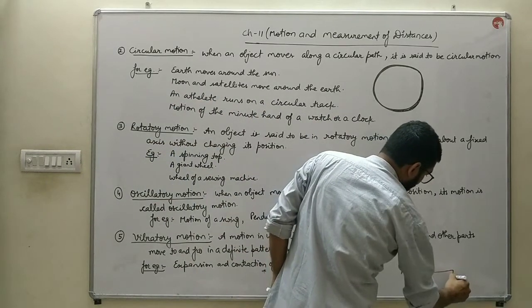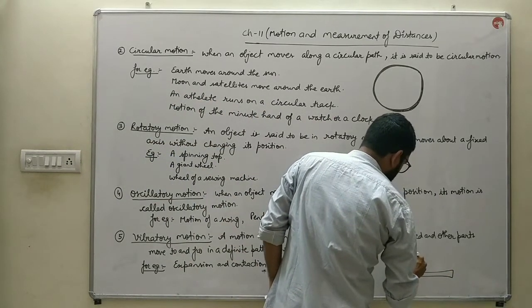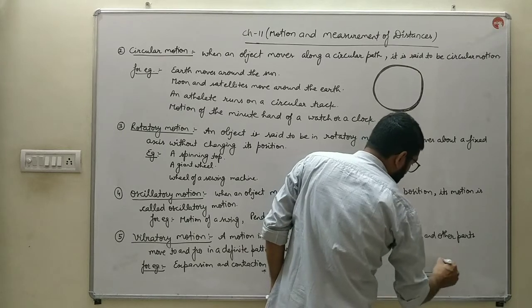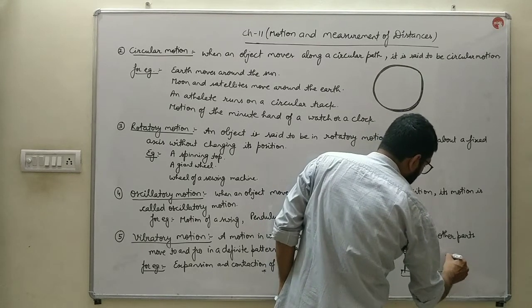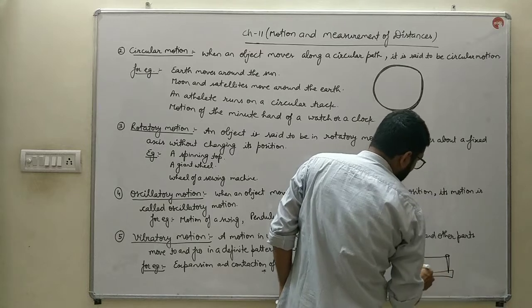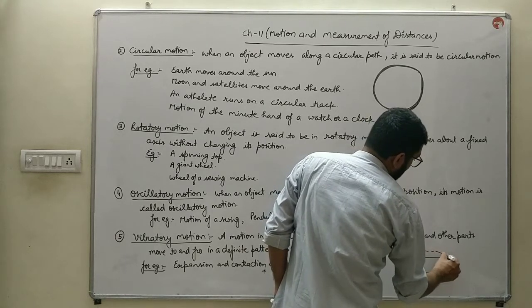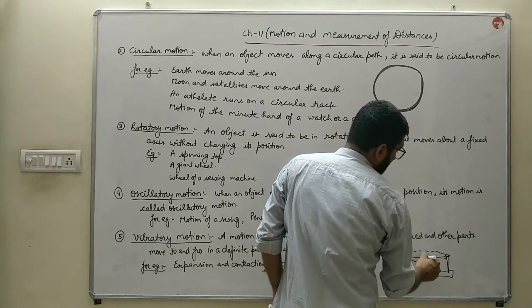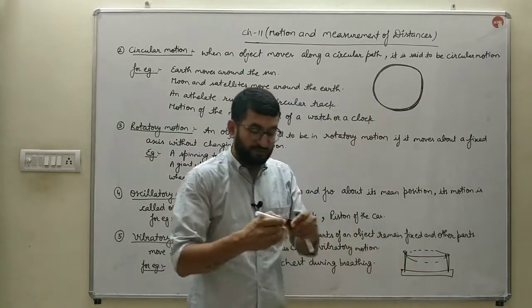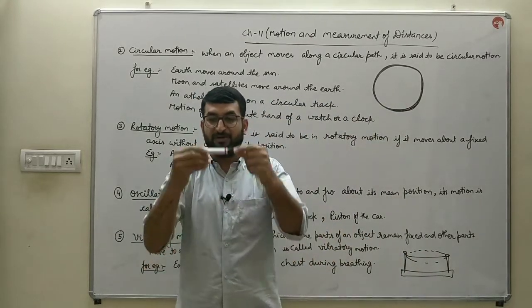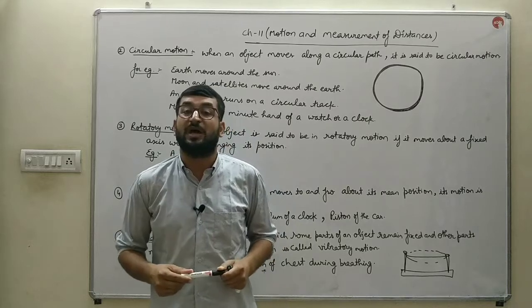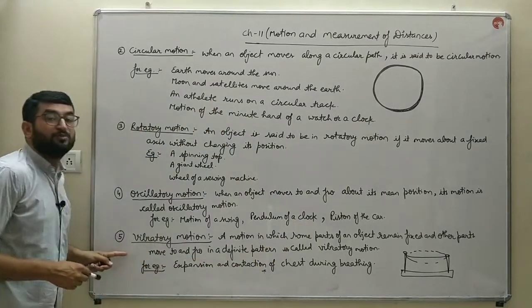Suppose this is a cardboard. Over this, fit two nails, iron nails, and then this string is allowed to move back and forth or to and fro. So as this string moves up and down from the middle, this motion is known as vibratory motion.